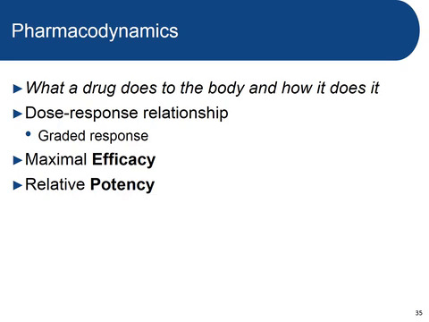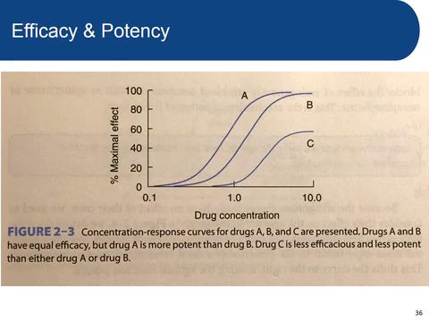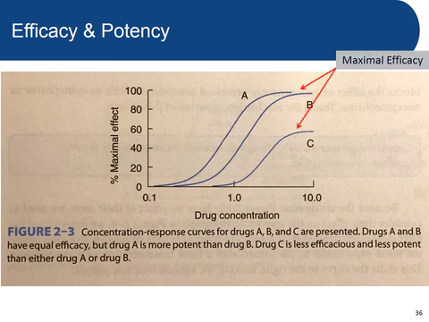So let me use a graph to explain these concepts, just to help make them solid in your mind. Like I said, I like pictures. Let's say we have three drugs. On the screen you can see a line for drug A, a line for drug B, and a line for drug C. Maximum efficacy is the first thing I want to point out. Maximum effect is on the vertical axis, and both A and B have a pretty high max effect.